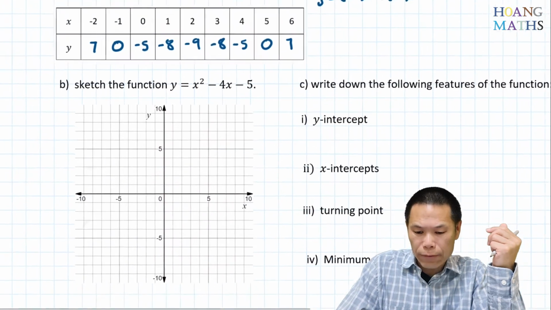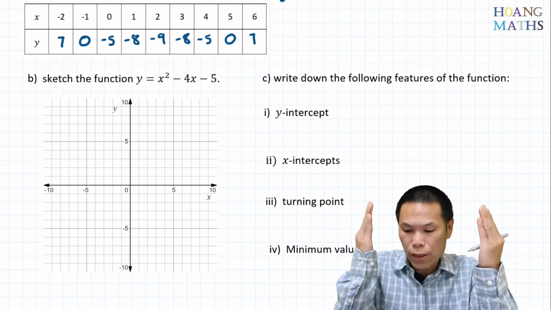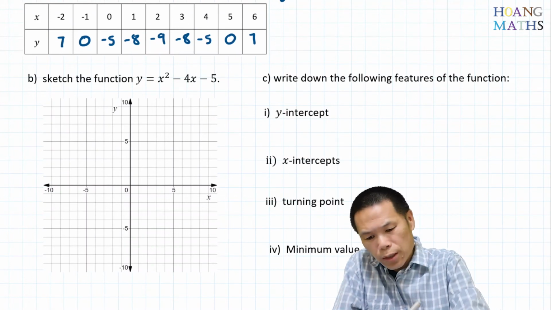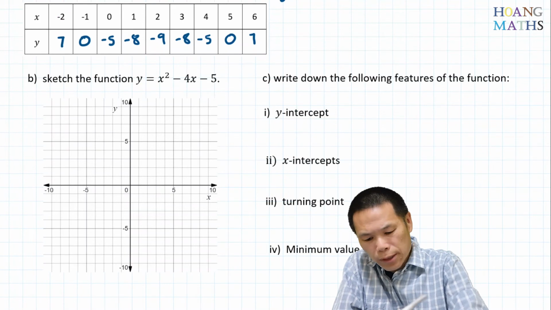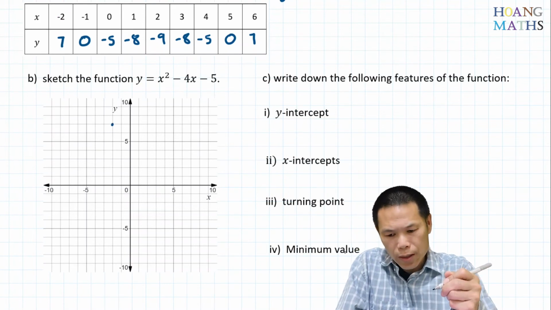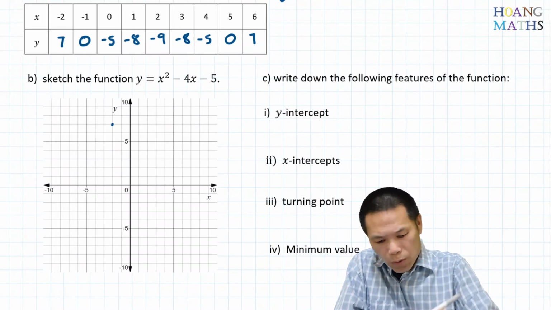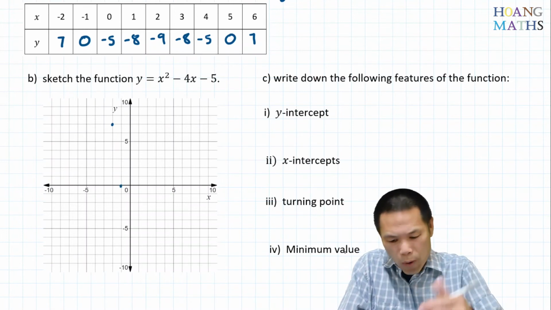Let's get the graph. So to get the graph, I just put these values in. So when x is negative 2, y is equal to 7. So negative 2, 7 is here. And when x is negative 1, y is 0. And when x is 0, y is negative 5.